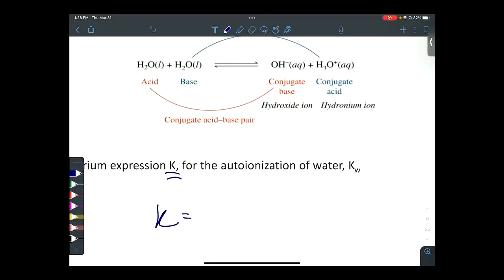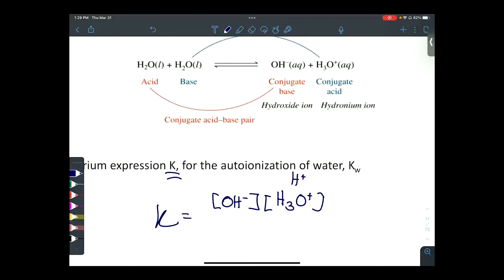So K in this expression is OH minus concentration times concentration of H3O plus, or H plus, whatever. Is there anything in the denominator? No, there's not. So you'd think, oh, but there's two H2Os, but water in this case is a liquid, so we don't include it in this expression.